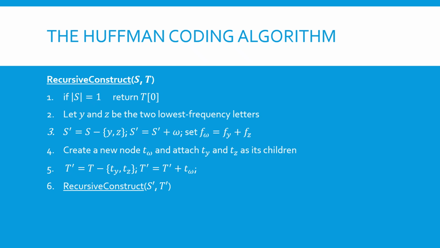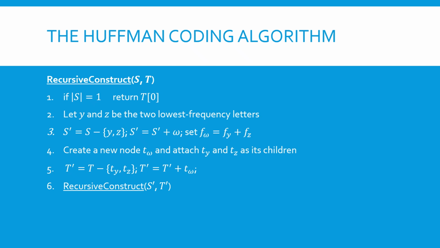In line 2, we identify the two characters with the lowest frequencies, denote them as y and z. In line 3, we remove y and z from S and introduce a new character omega, whose frequency equals the sum of the frequencies of y and z. Let the resulting set be S prime.